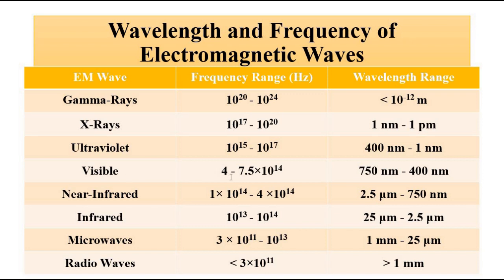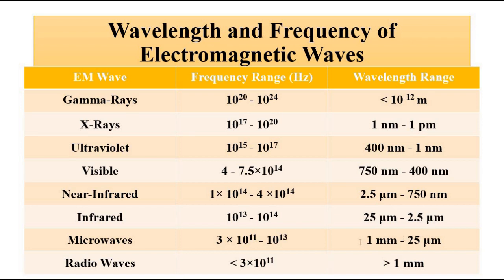The visible rays are 4 to 7.5 into 10 to the power 14 hertz, and here the wavelength range is from 750 nanometer to 400 nanometer. Then the near infrared, 10 to the power 14 to 4 into 10 to the power 14, wavelength from 2.5 micrometer to 750 nanometer. Then the infrared, 10 to the power 13 to 14 hertz, and here it is 25 micrometer to 2.5 micrometer.